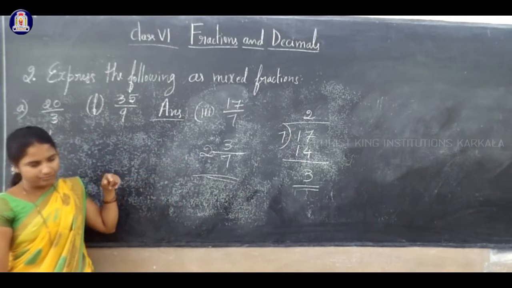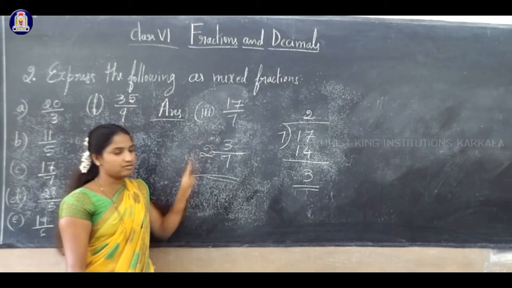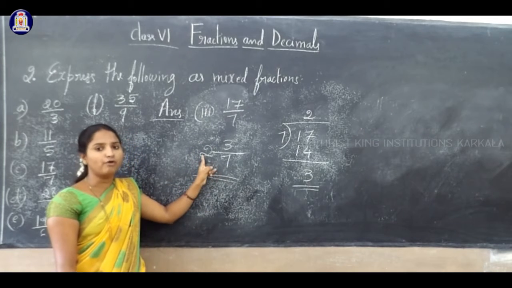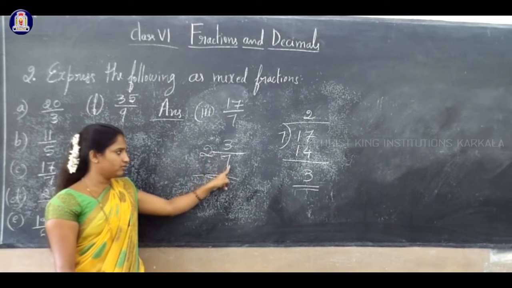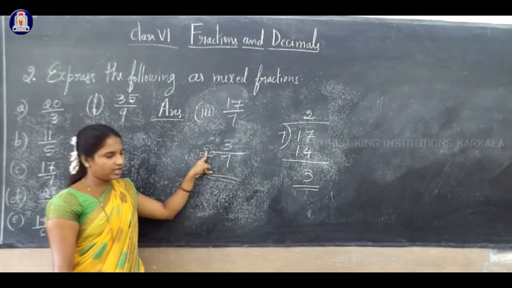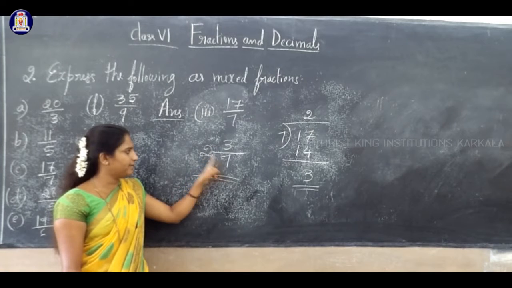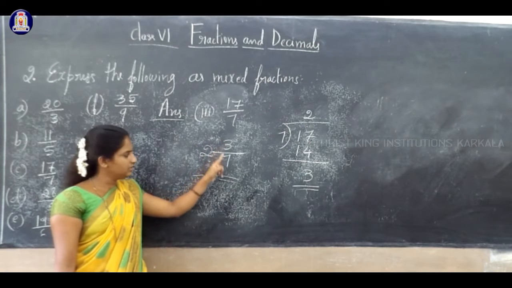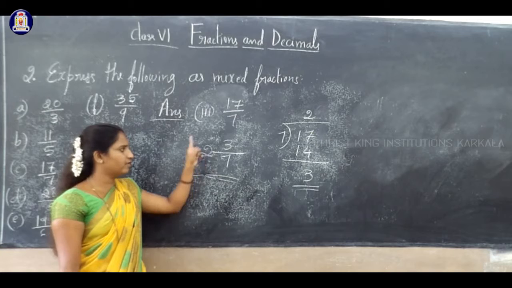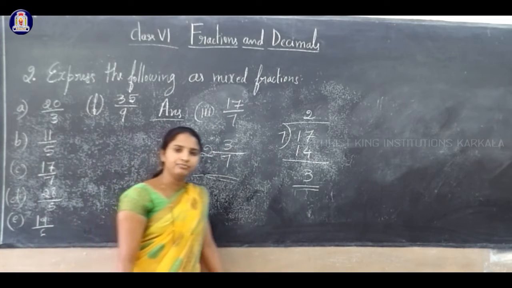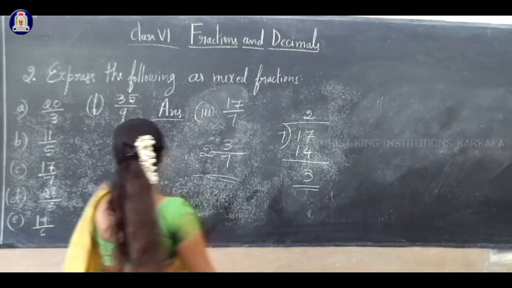If you multiply, you get the same answer: 2 sevens are 14, and 14 plus 3 is 17. So the answer is 17 by 7. Clear? So this is the third question.